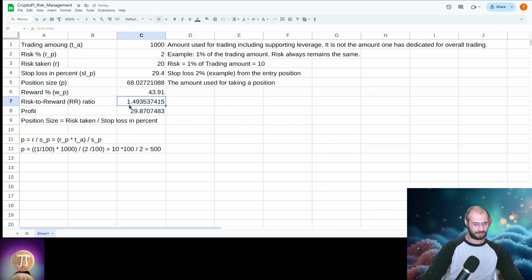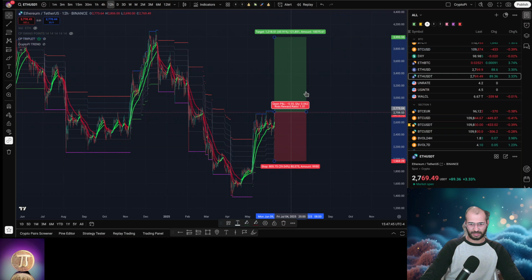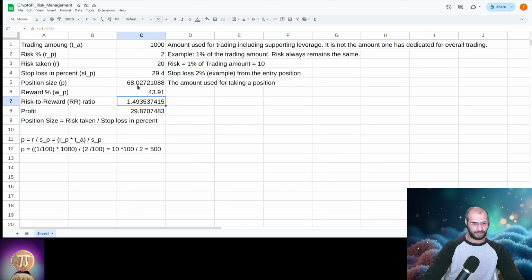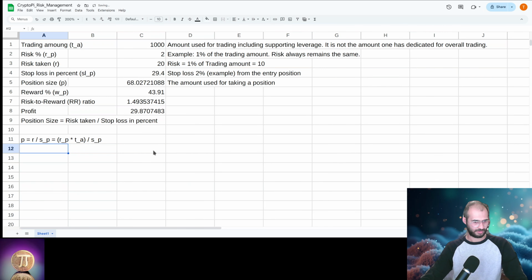So that is 1.5. So if this trade is executed in my favor at this risk to reward ratio, I will make a profit of $29. We can remove these equations, which are not really needed. They are from one of the previous videos.